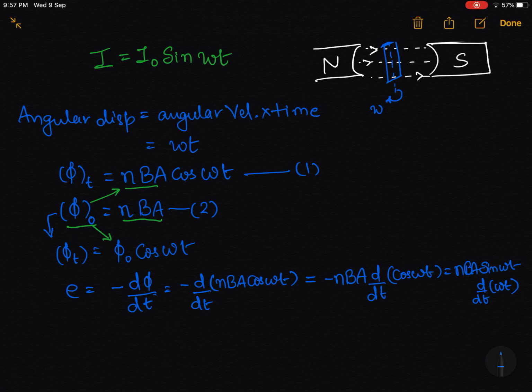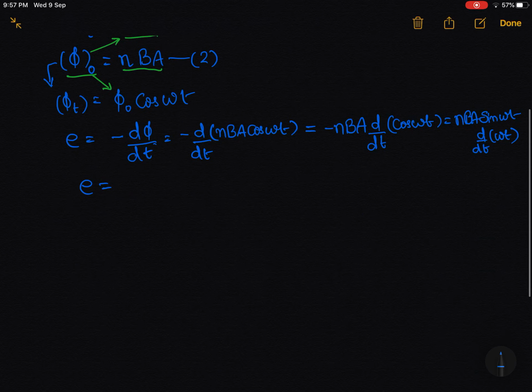Now again, the derivative of omega t would be omega. Hence, I can write E is equal to, what can you conclude? NBA is a constant, omega sine omega t, right? Let this be my equation number 3.